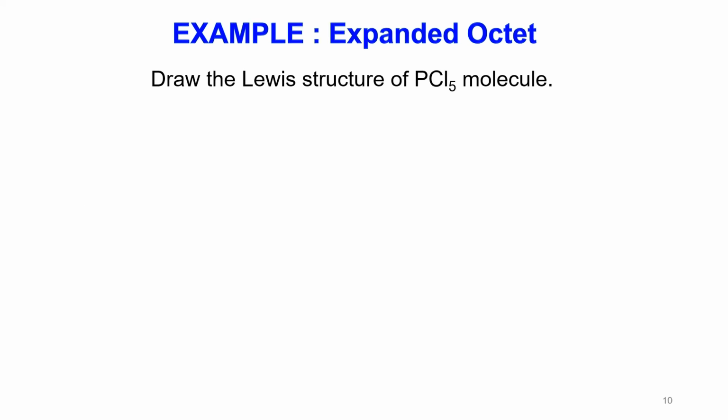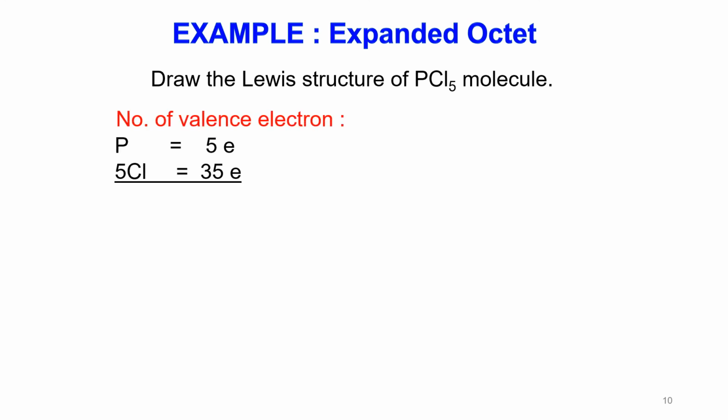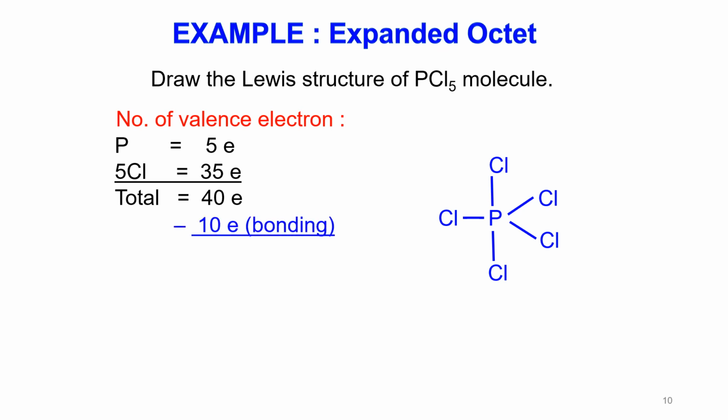Okay, for expanded octet, for example PCl5: phosphorus 5, chlorine 7 times 5. Total is 40. Phosphorus at the center, chlorine at the terminal. We have 5 bonds, which means 10 electrons.